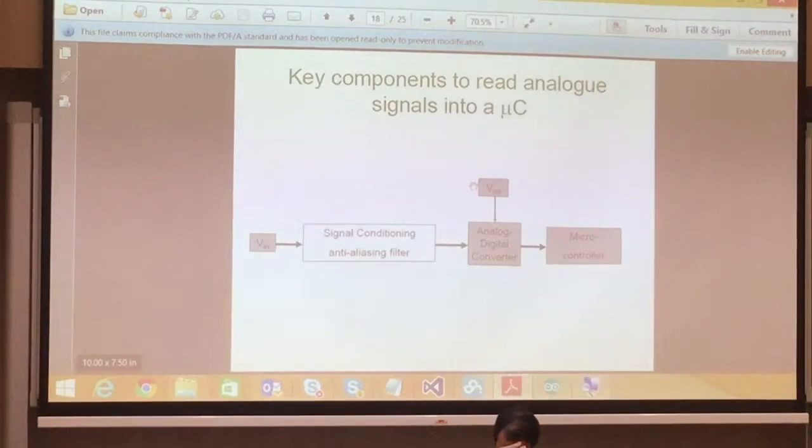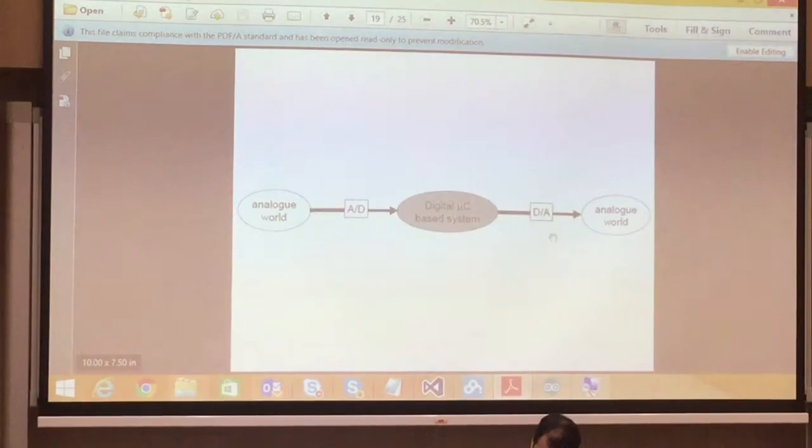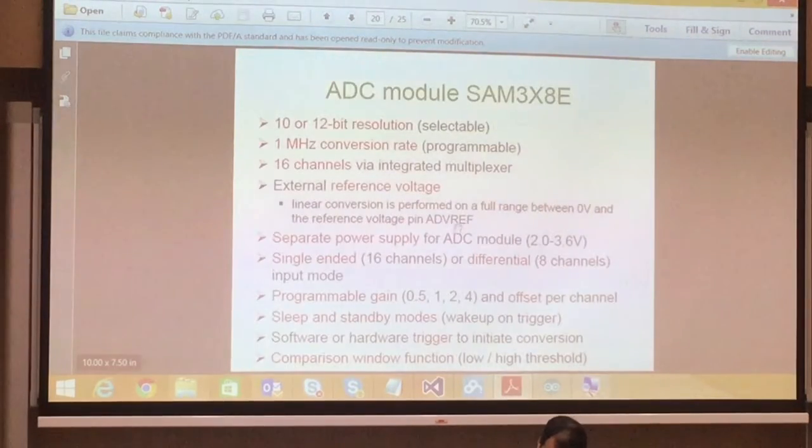Okay, let me come back to the key components we have discussed here: signal conditioning, analog to digital converters, and the microcontrollers. This one we have seen before. So for the ADC modules in the Arduino, do you still remember?